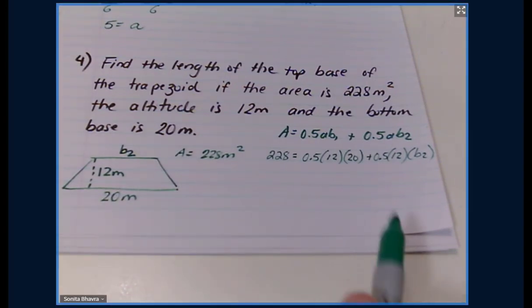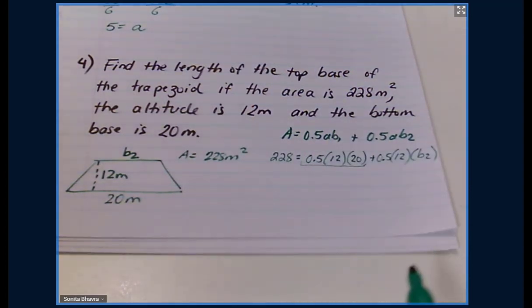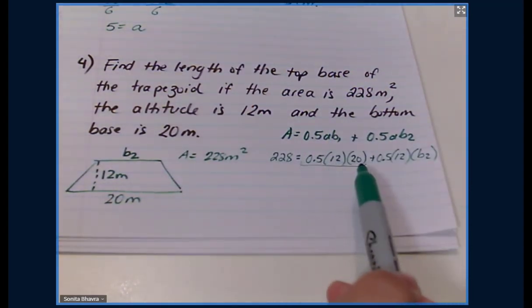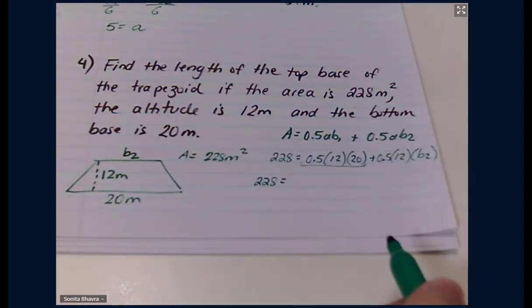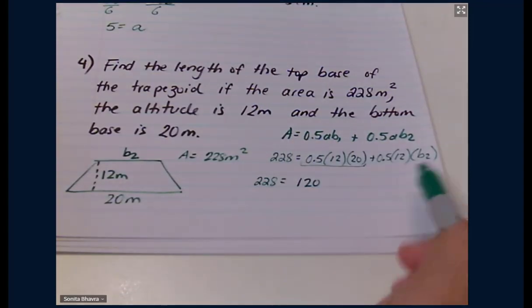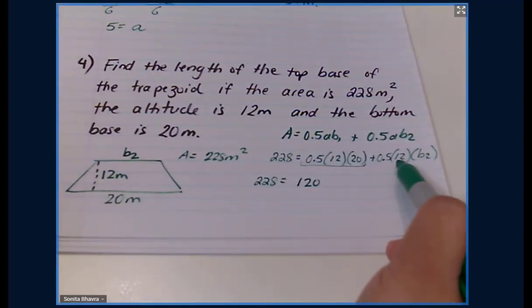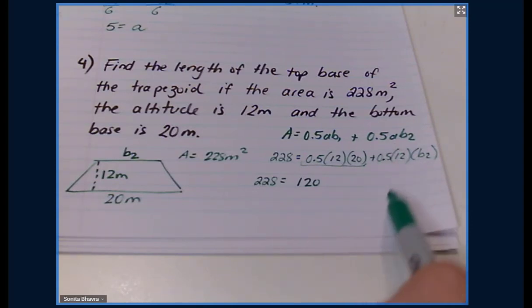Okay, so we'll multiply this out here, this section right there. So 0.5 times 12 times 20. That gives me 120. Here we have 0.5 times 12 times B2. So 0.5 times 12 gives me 6B2.